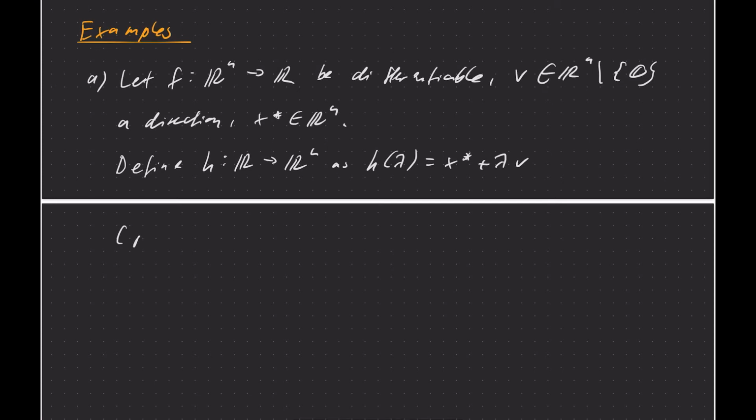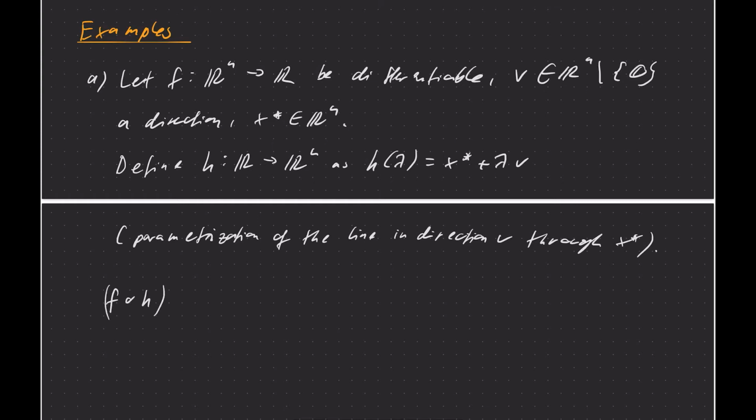And this function is a parametrization of the line in direction v through x star. Okay, so what that means is f after h, that function, is basically the restriction of f to that line.